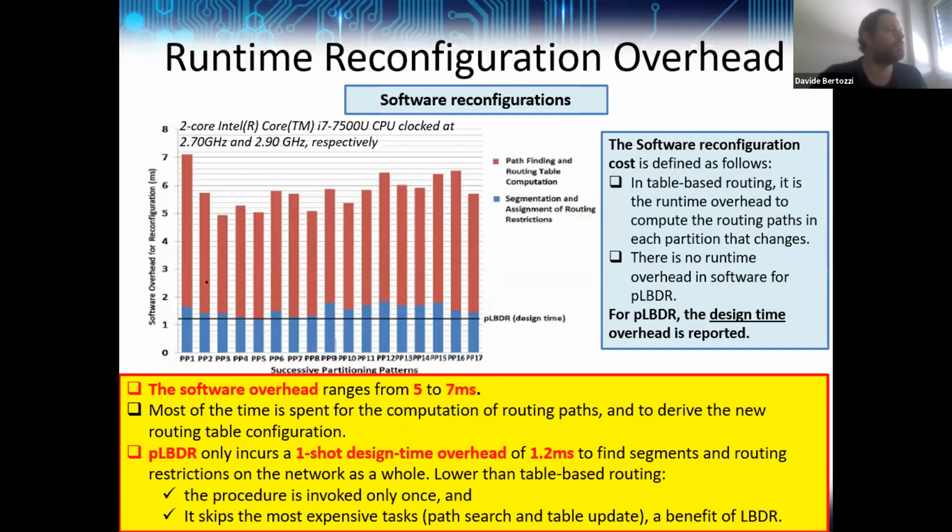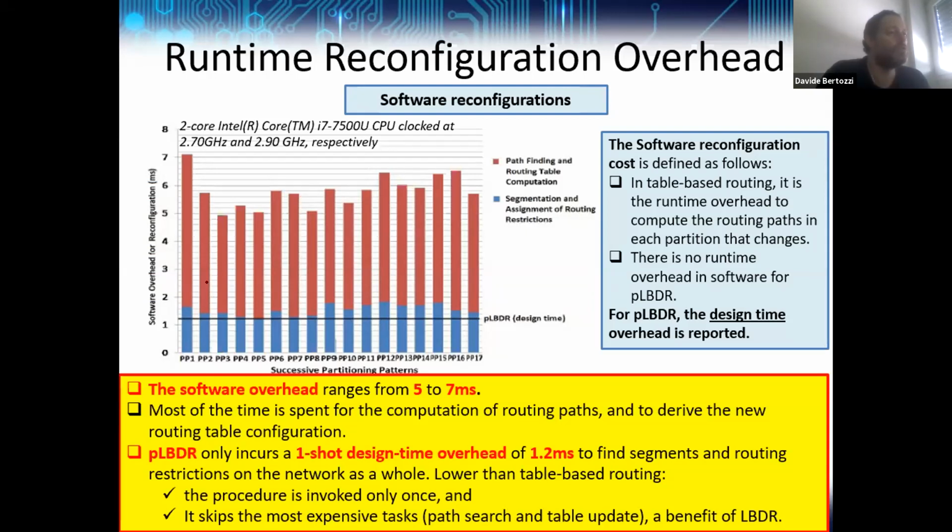I'm not talking about the overhead to change the application level parallelism. This is another stuff. What I'm talking about is that the software needs to do something to reprogram the NoC. In particular, we know that in table-based routing, there needs to be some software entity that either computes the segments for the new partition shapes, or derives a minimum spanning tree out of the new partition shape, and that finds the routing path.